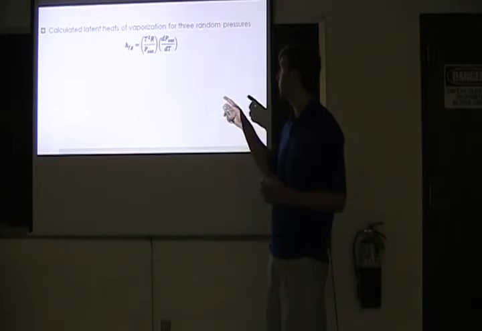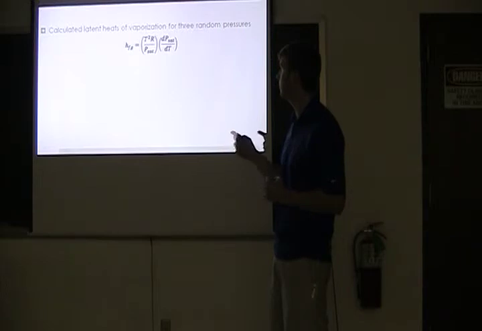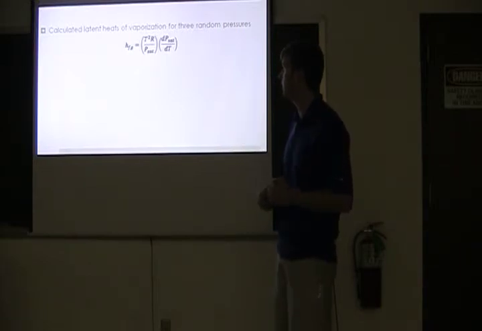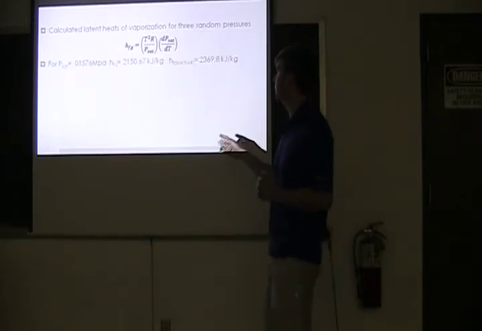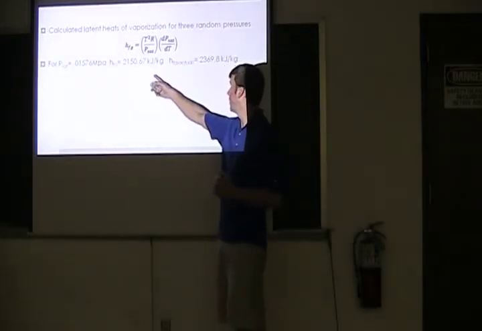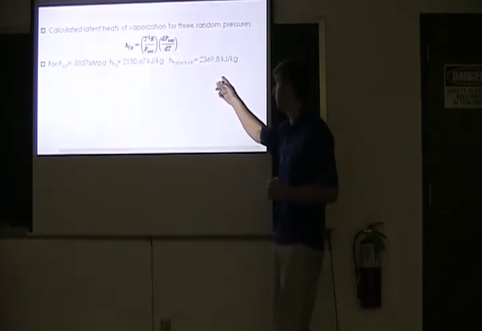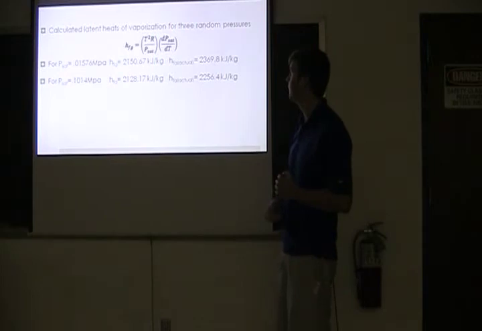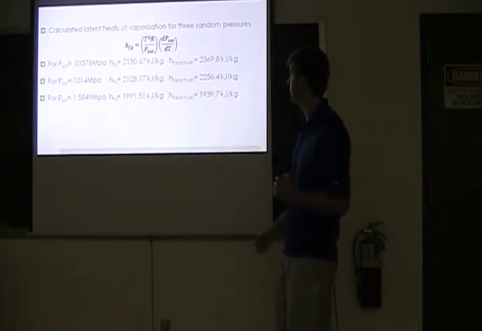Simple algebraic rearranging solved for the latent heat of vaporization using the ideal gas law as an approximation. This is the value that I calculated for my first pressure, and the actual value that was found in the back of the book. For my 3 pressures, that's what I got, and those were the actual values.